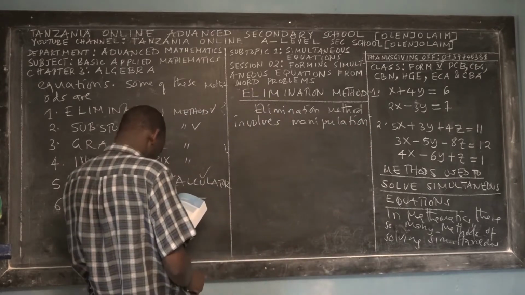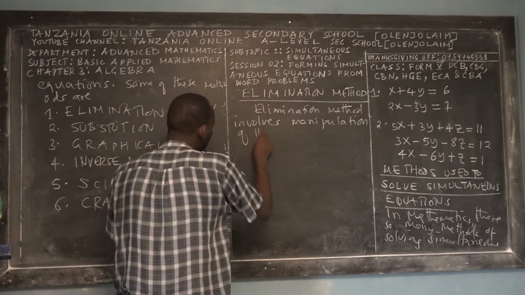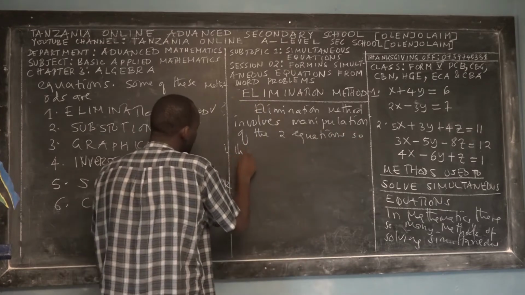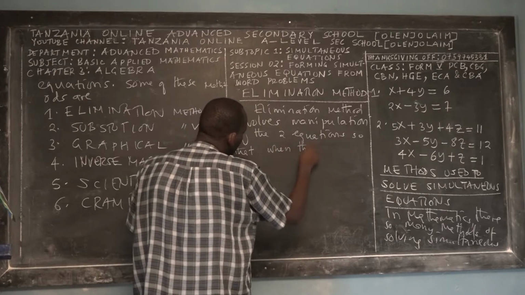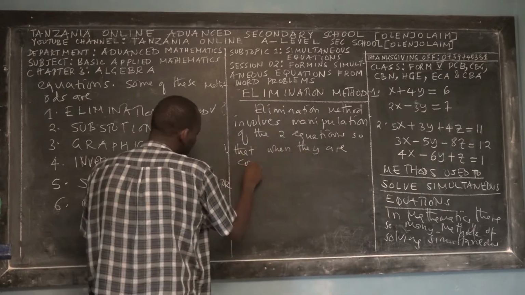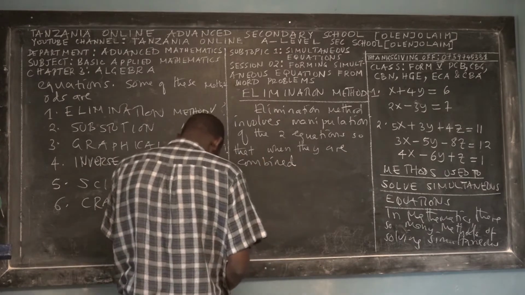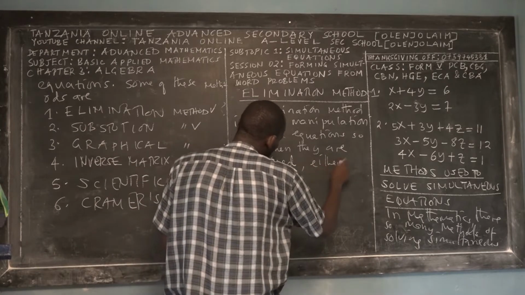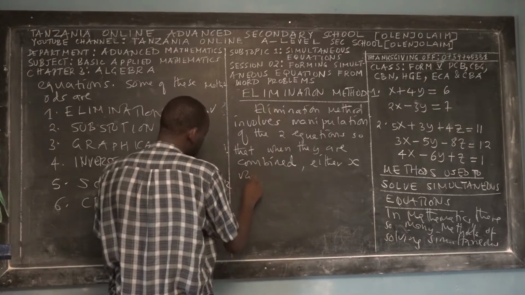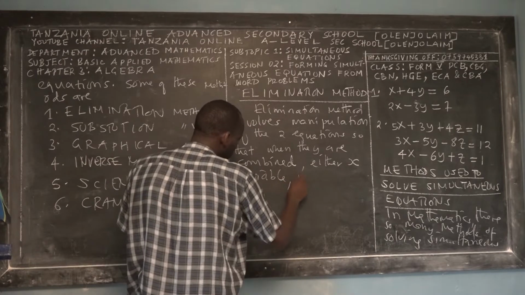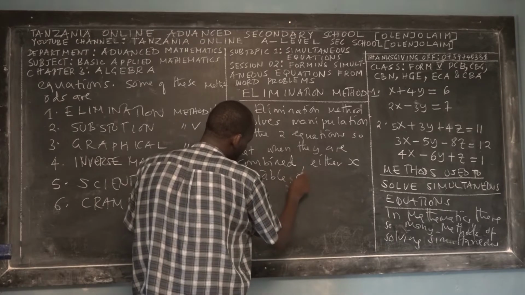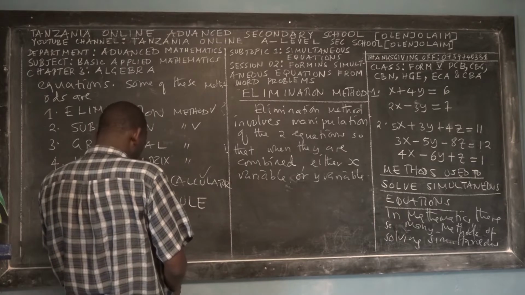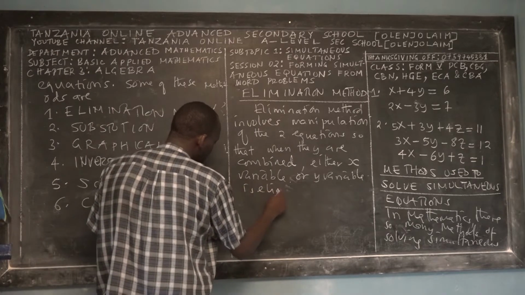Manipulation of the 2 equations so that when they are combined, either the x variable or the y variable is eliminated.